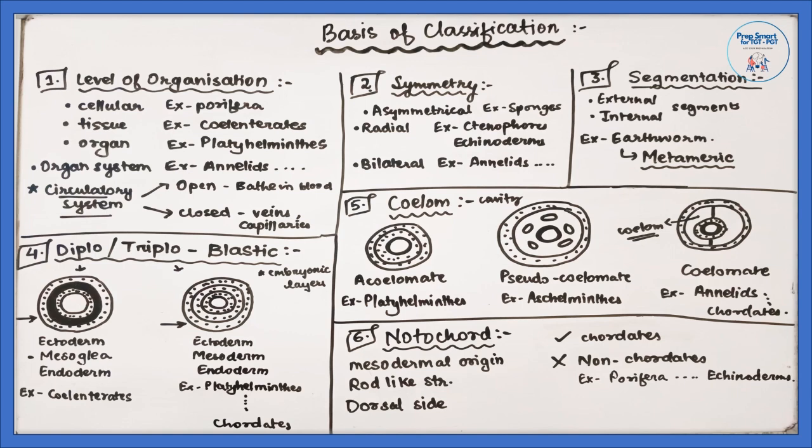Examples: coelenterates, echinoderms or ctenophores. In bilateral symmetry, the body is divided into two identical halves only when a plane passes through the median longitudinal axis, so the line of symmetry remains one. Examples are annelids, arthropods to chordates.